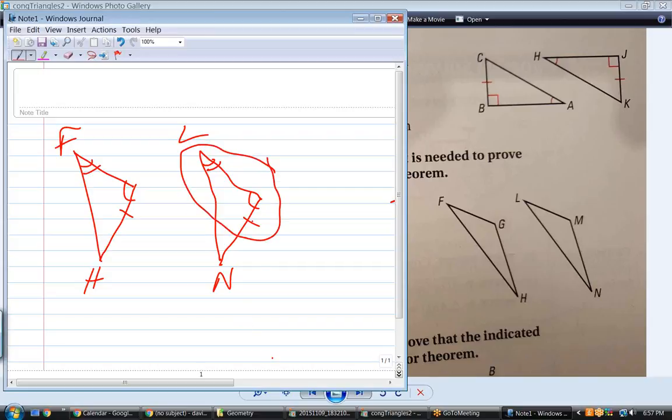Right. In other words, if I put those in any order, as long as they go from the first piece of information to the third in the shortest path, because I wouldn't want to go angle, side, angle. No. I'd go angle, angle, side. That's the shorter path. That's the only way I know how to describe it.